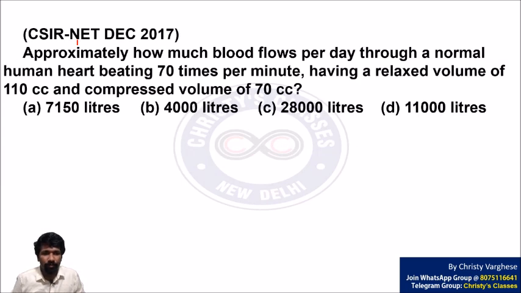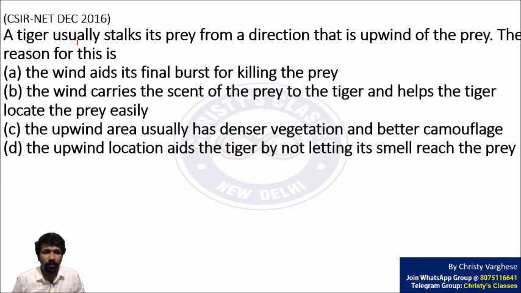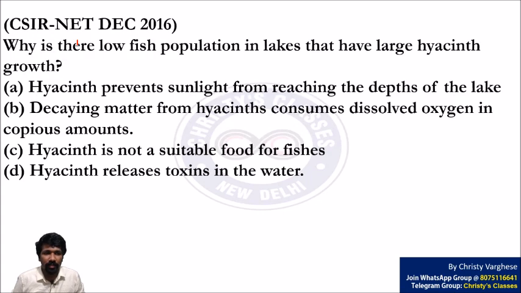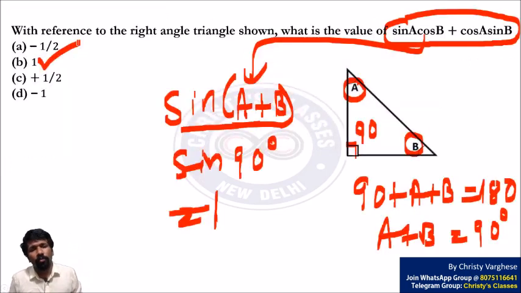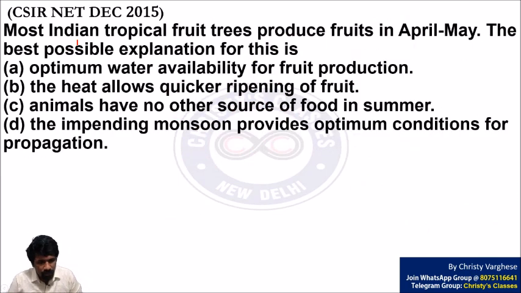Go through it. This one is about a tiger catching the prey. And this is about growth of plants in the lake. As I told, don't worry too much about this topic. Try to do it if the question is understandable for you and if you know the theory.